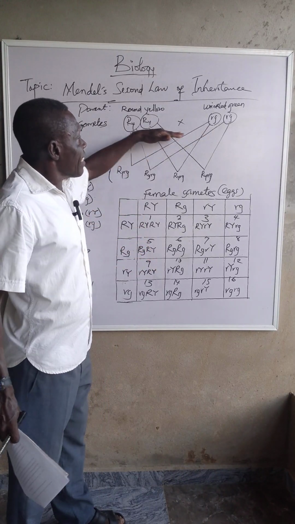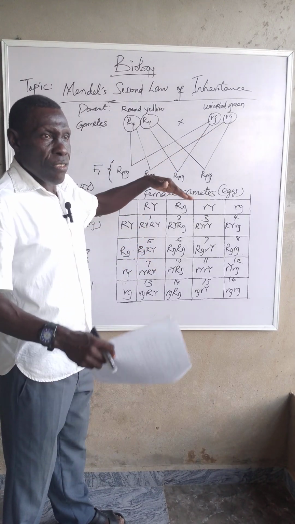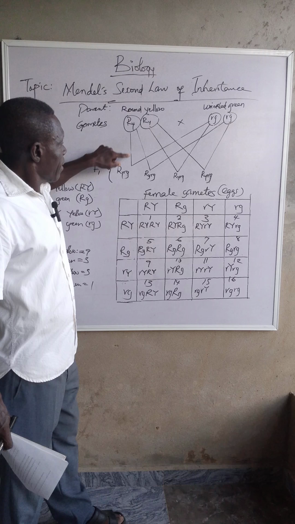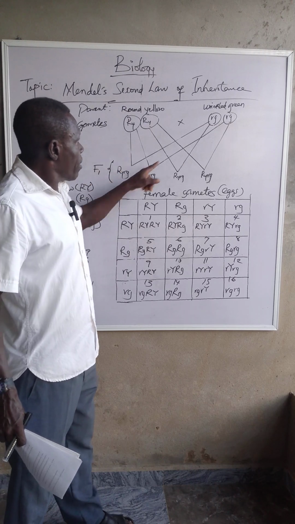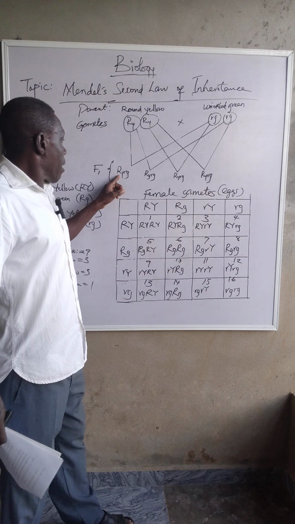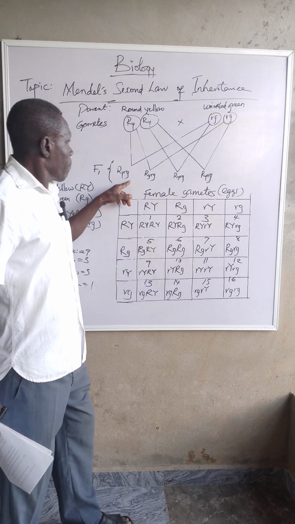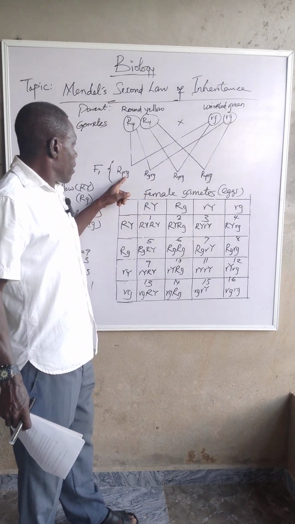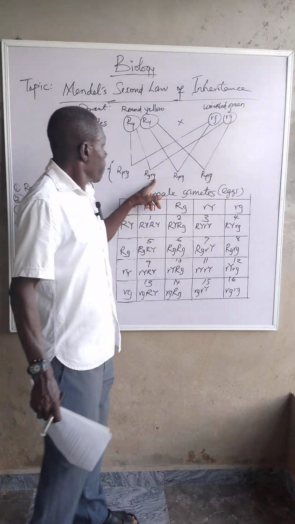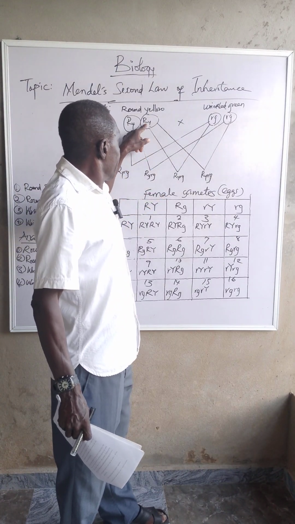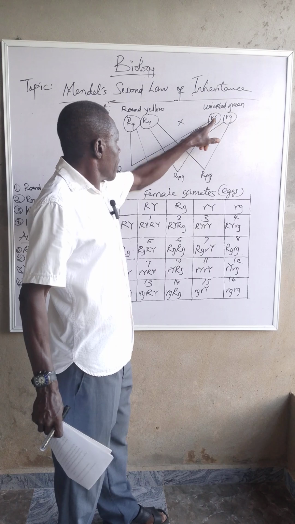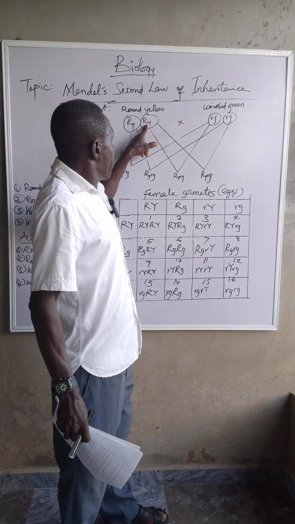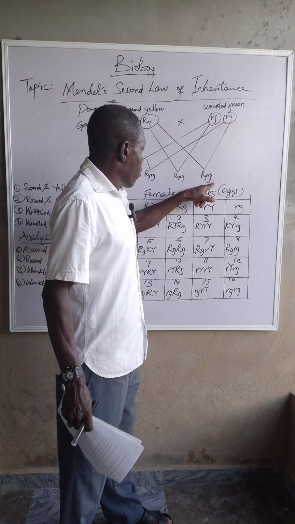So when these gametes are crossbred, this RY will meet with this rg, so you have Rr, Yg. The same one will meet this second one, and you will see the same thing, and again for the others.